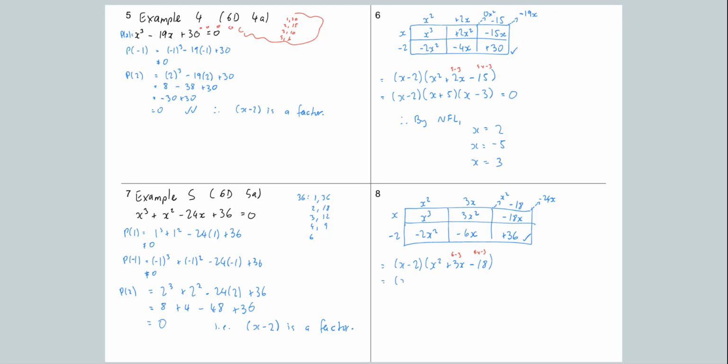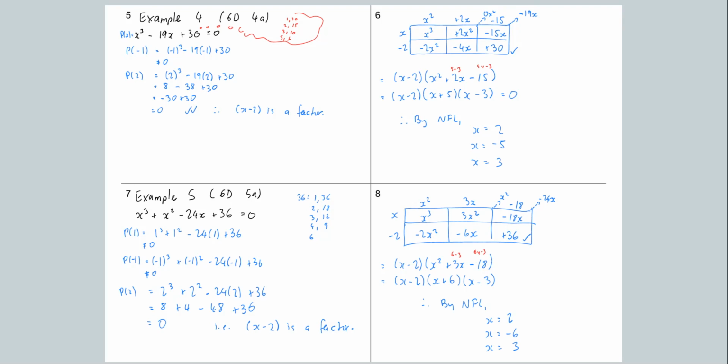So that's equal to x minus 2, x plus 6, x minus 3. And therefore we can say by the null factor law, x is equal to 2, x is equal to negative 6, and x is equal to 3. And that's our solution. So that's another example.